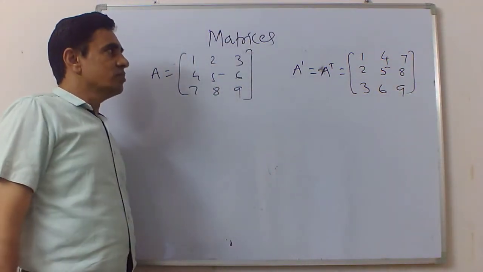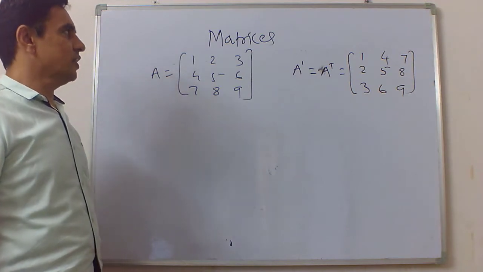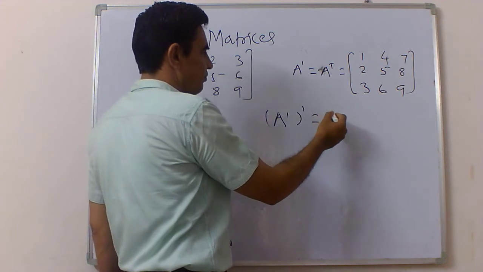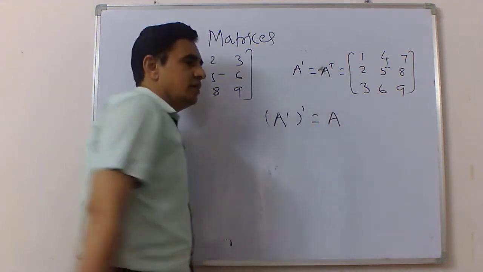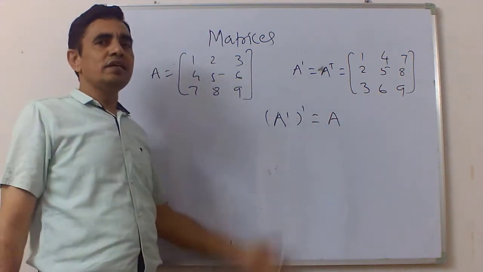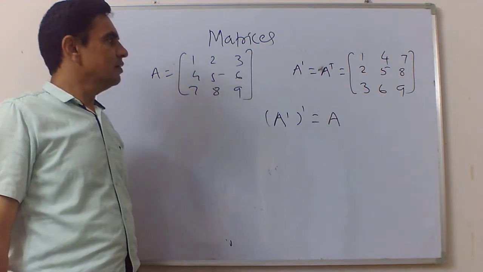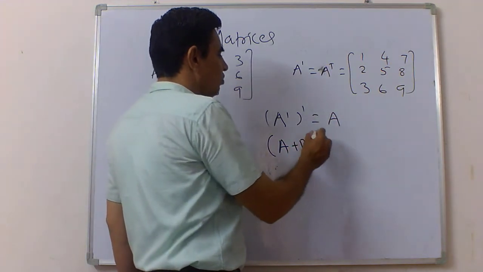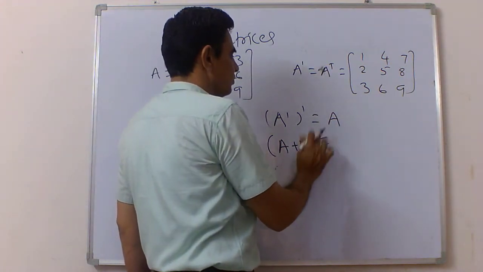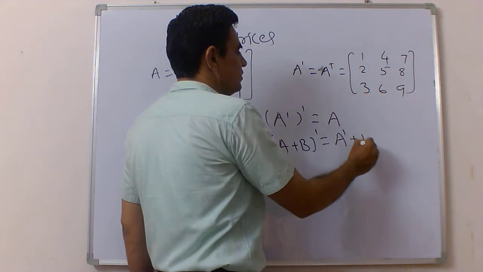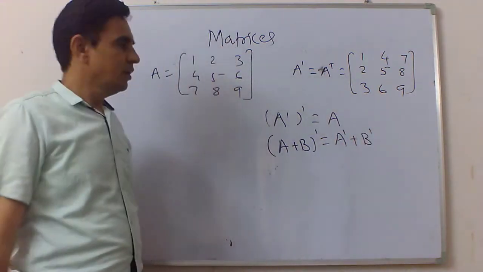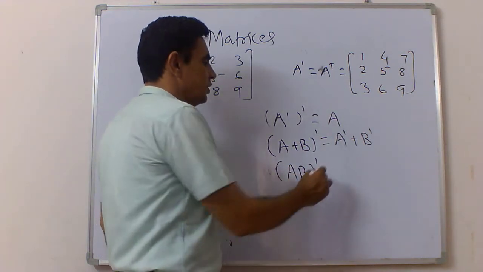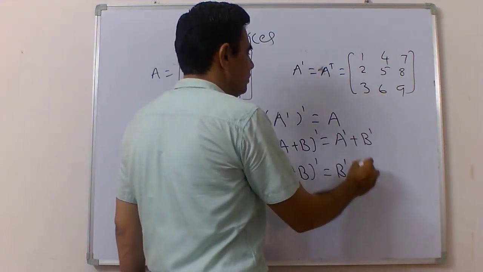Now, we also know the properties of the transpose of a matrix. Transpose of the transpose of a matrix is the matrix itself. A plus B whole transpose is equal to A transpose plus B transpose, and AB whole transpose is equal to B transpose into A transpose.